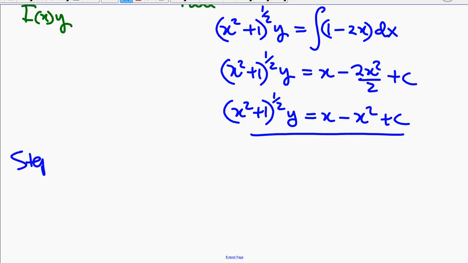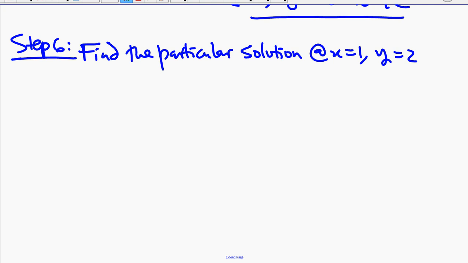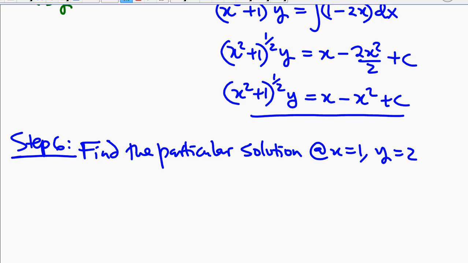So I'm going to just move to step 6 to find a particular solution. So find the particular solution at x equals 1, y equals 2, and just plug them into our general solution here.